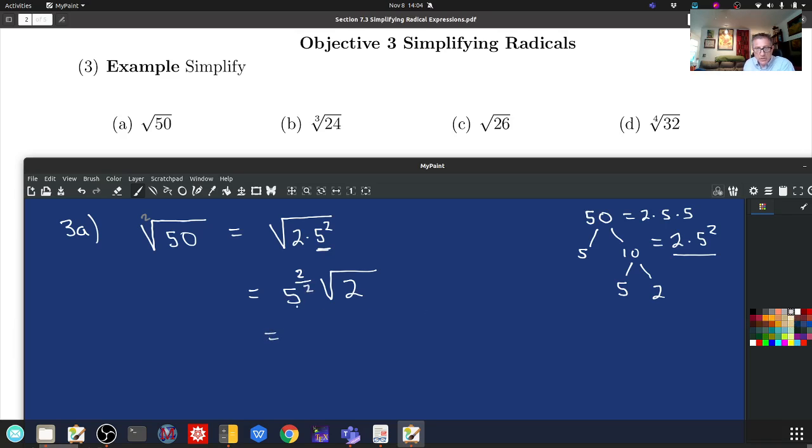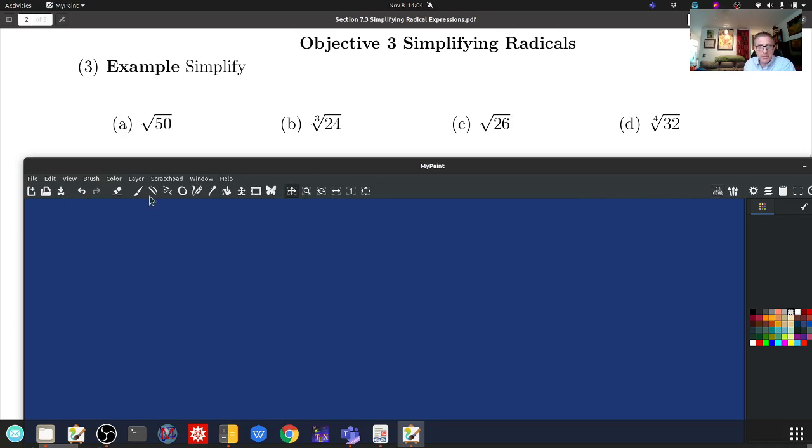So that equals 5 raised to the first power times the square root of 2. That's kind of how we're going to do these.